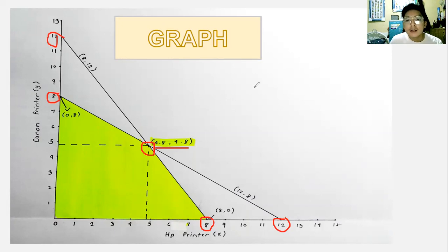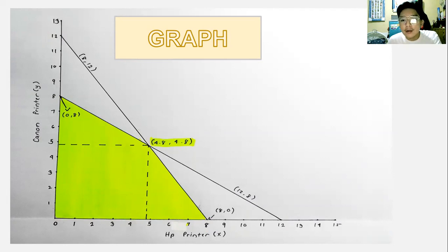Just take a good look at this graph. Plotting the coordinates and getting their intersection would probably, but not all the time, lead us to the maximum profit.